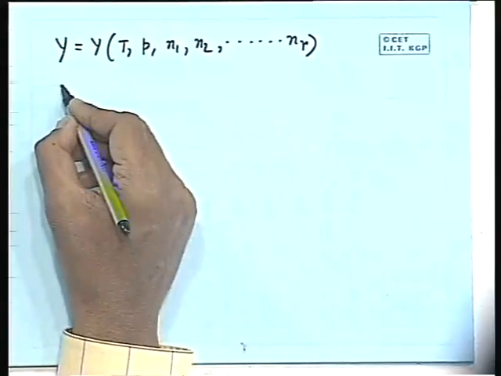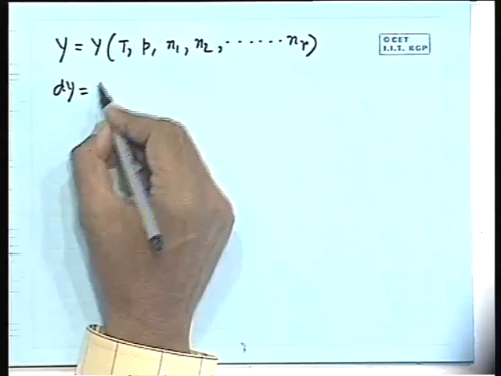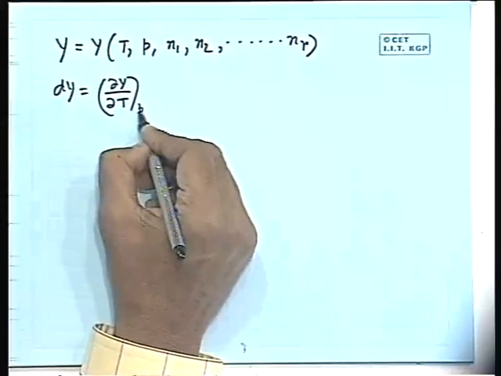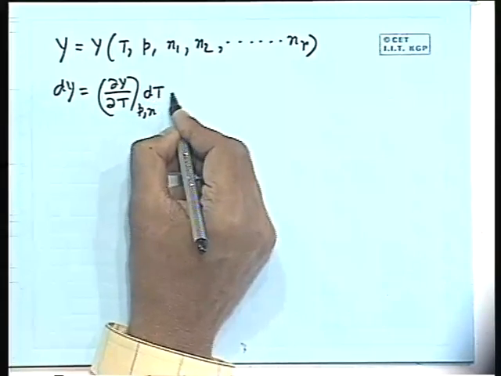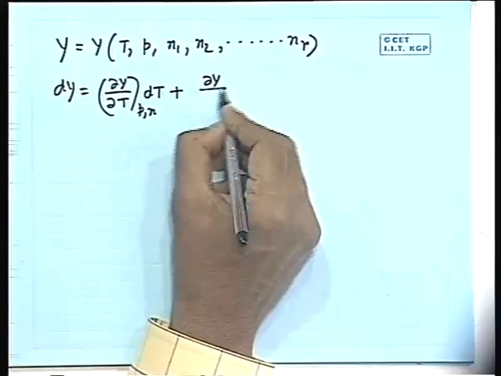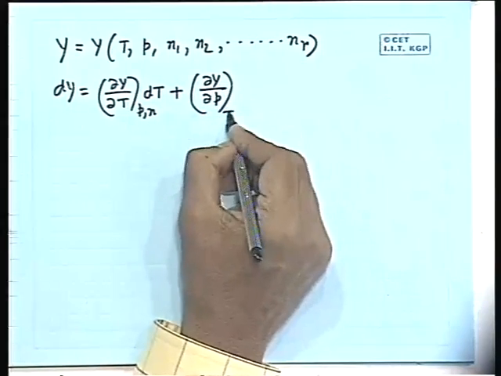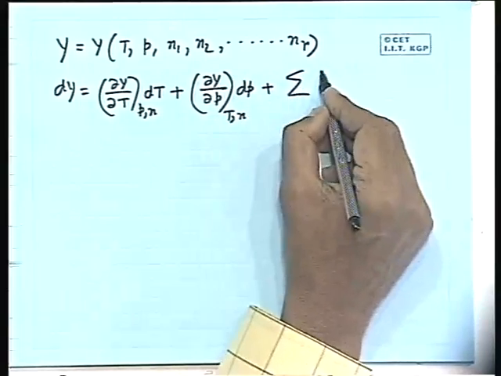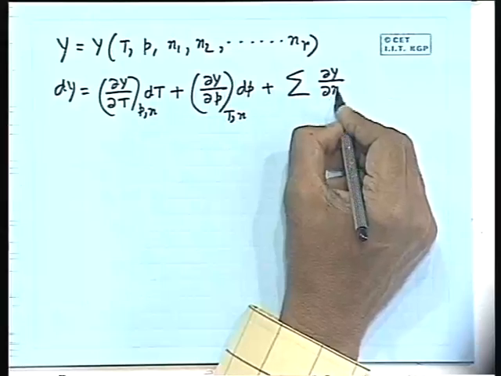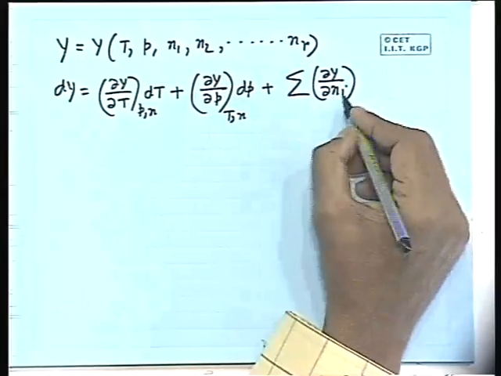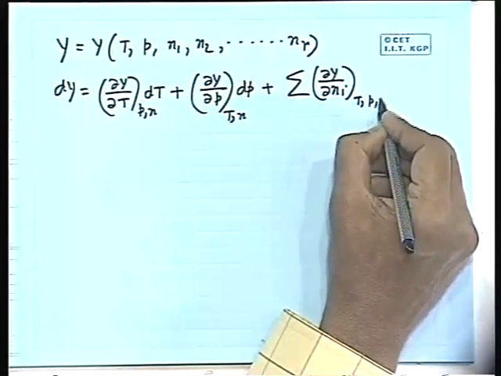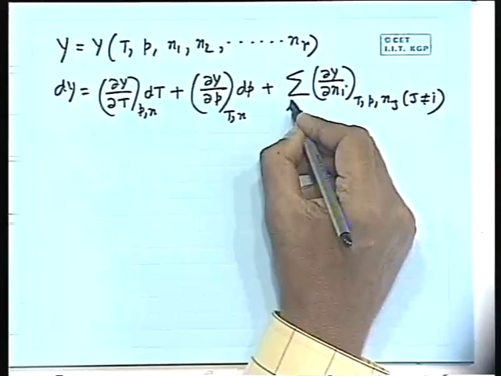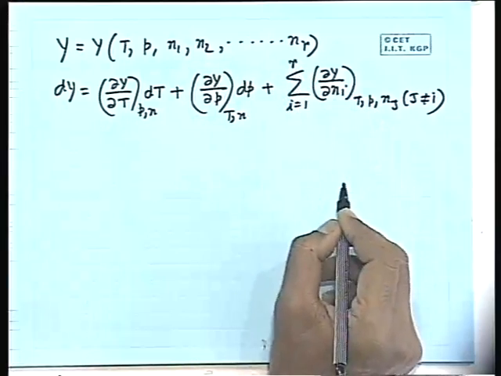Now, as usual, we can write dY, the change in Y, as del Y del T at constant P and n dT plus del Y del P at constant T and n dP plus obviously the sum of all the derivatives with respect to the number of moles of the ith component, where the other moles are fixed, that is n_j, j not equal to i, and this summation extends from i equals 1 to R.